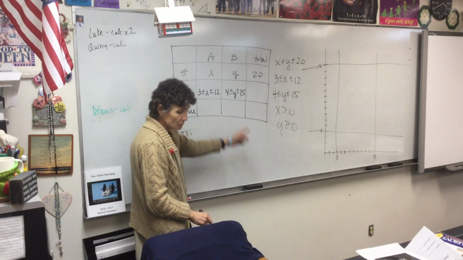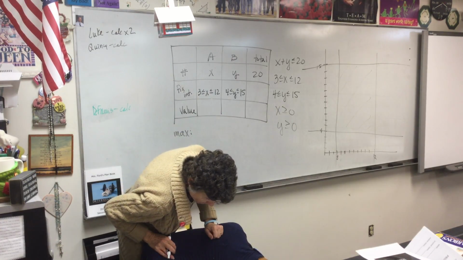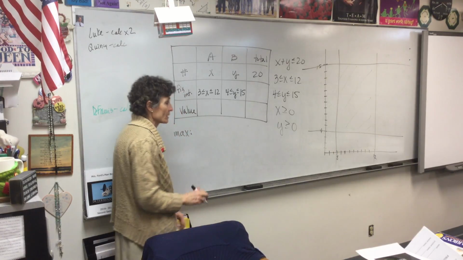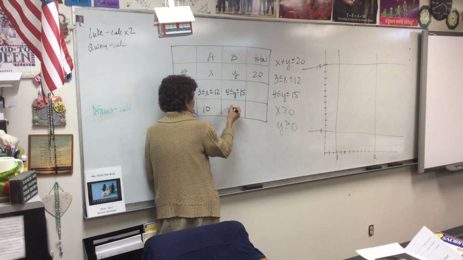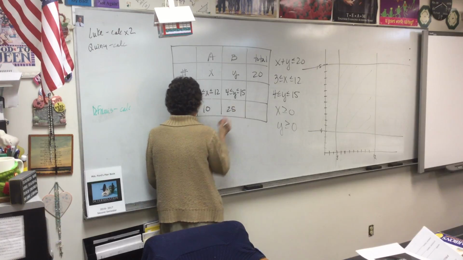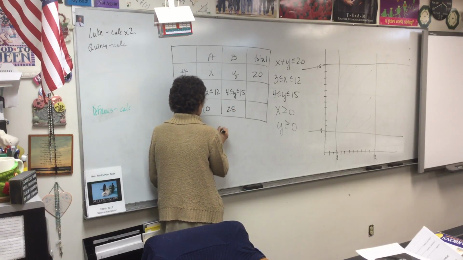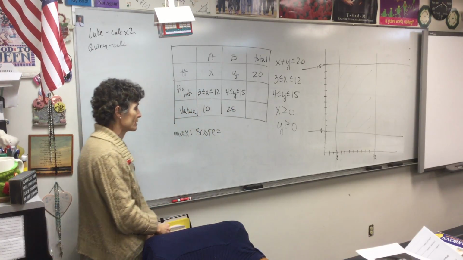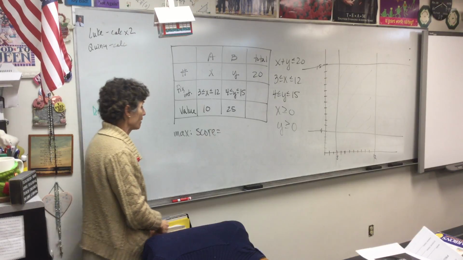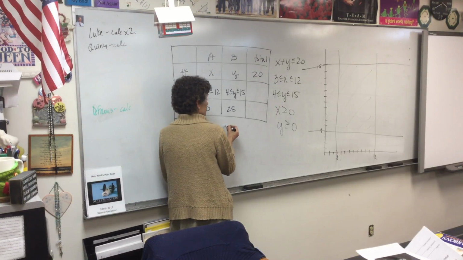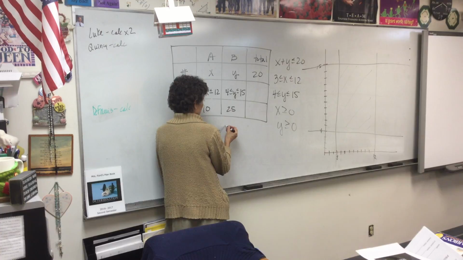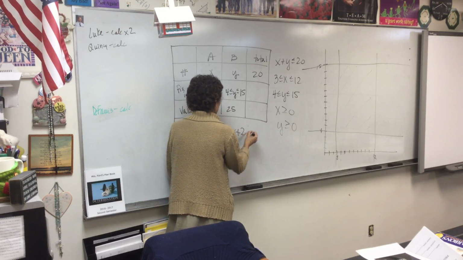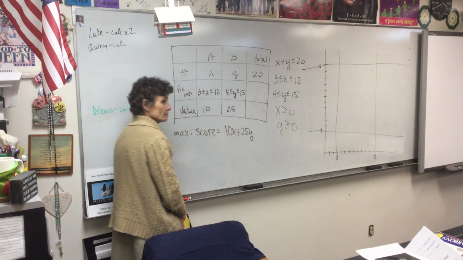All right, what's the value of each? 10 for the x's, and so my maximum score, I want to get a maximum score this time, will be 10x plus 25y.